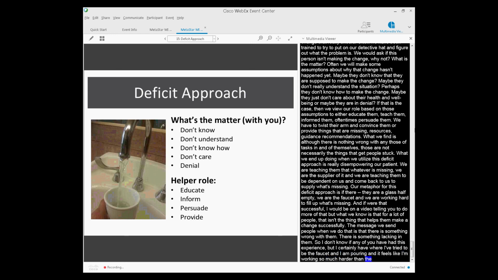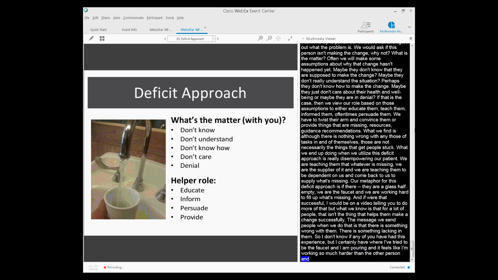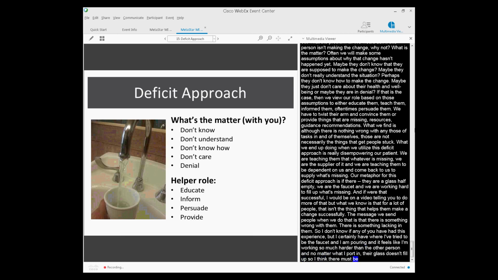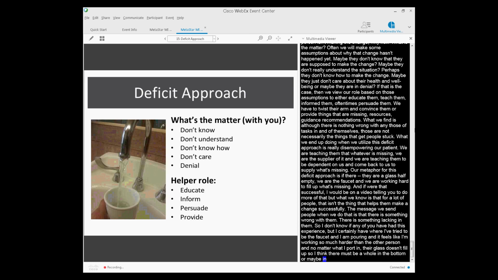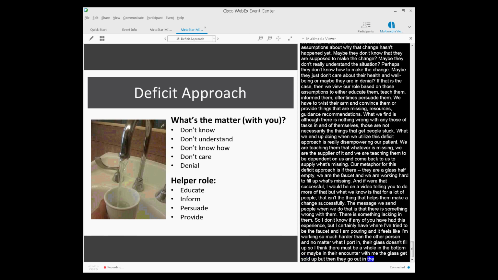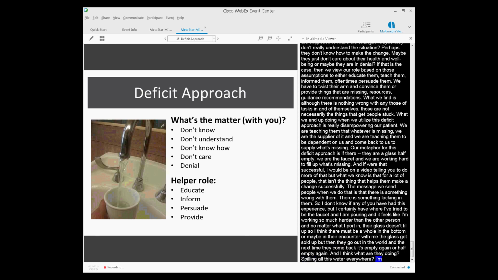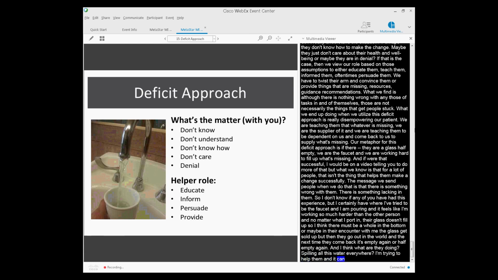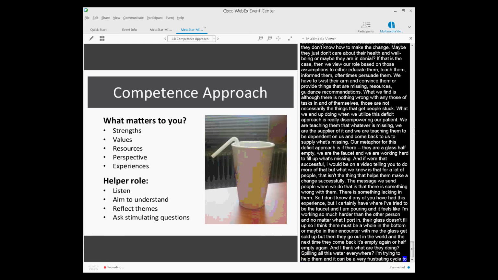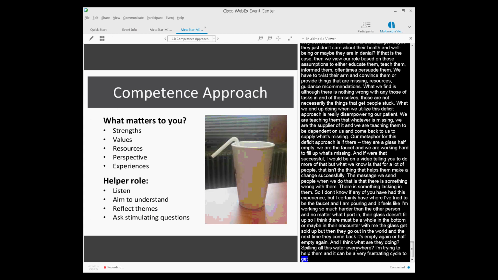So then I'm like, gosh, there must be a hole in the bottom or something. Or maybe in their encounter with me, the glass gets filled up, but then they go out in the world, and the next time they come back, it's empty again, or half empty again. And I think, well, what are they doing? Just spilling all this water everywhere? I'm trying to help them. And it can be a very frustrating cycle to get in. So in motivational interviewing, we encourage people to try a different approach.